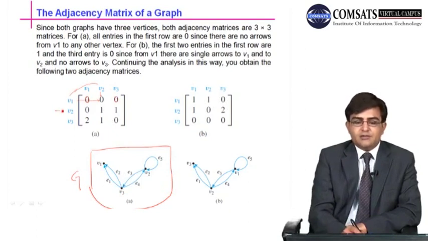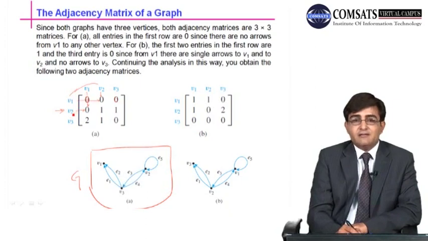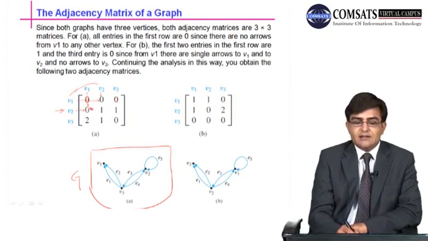Now come to the second row. Here we have v2, here we have v1. So we have to calculate arrows from v2 to v1. How many arrows are there from v2 to v1? Here from v2 to v1 we don't have any arrow, so we write 0. Now from v2 to v2, how many arrows are there?